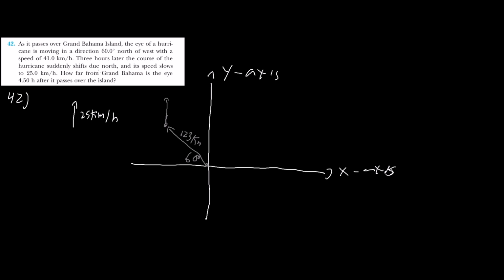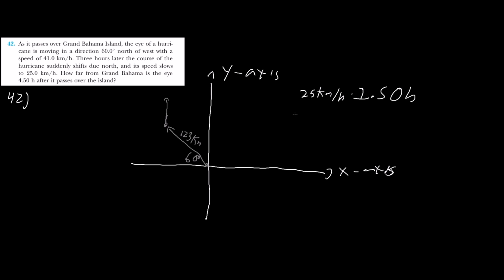How far from the Grand Bahama is the eye 4.5 hours after it passes this island? All right, so after 3 hours, folks, which is 4.5 hours difference, that means that we're going to take the 25 kilometers per hour, multiply by 1.50 hours.